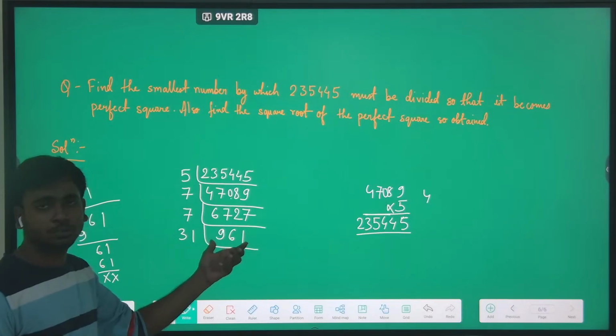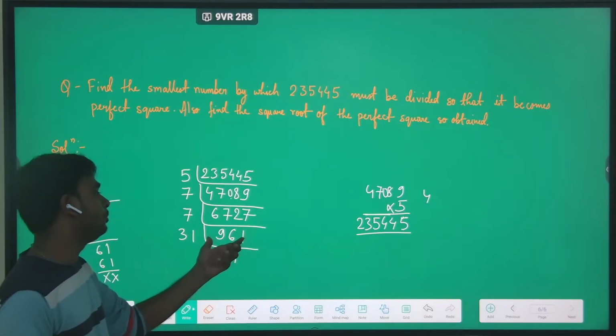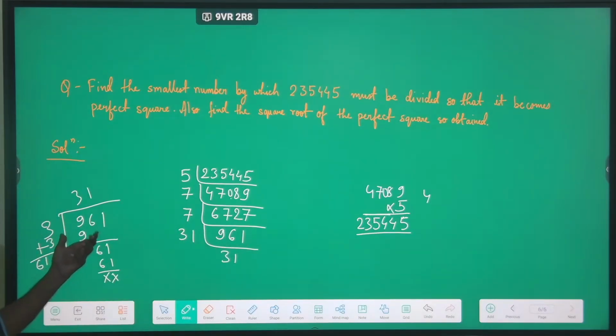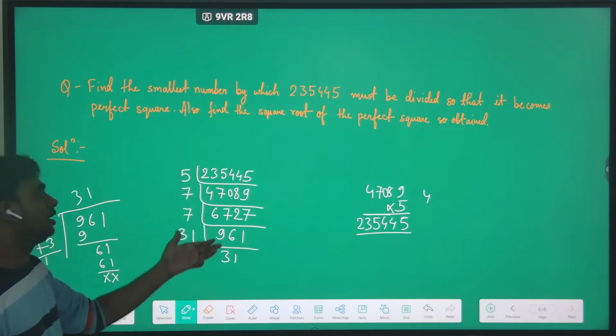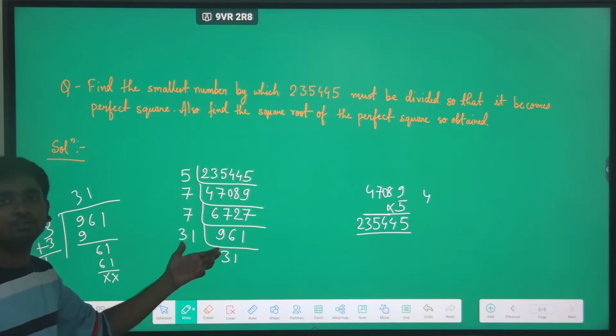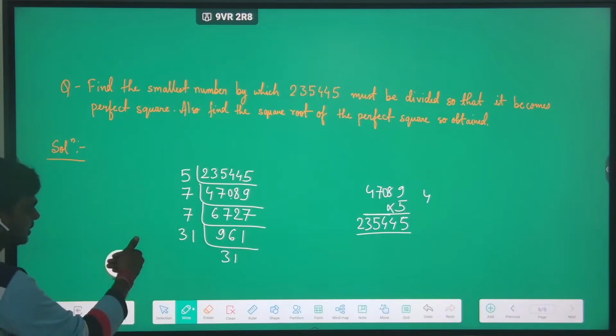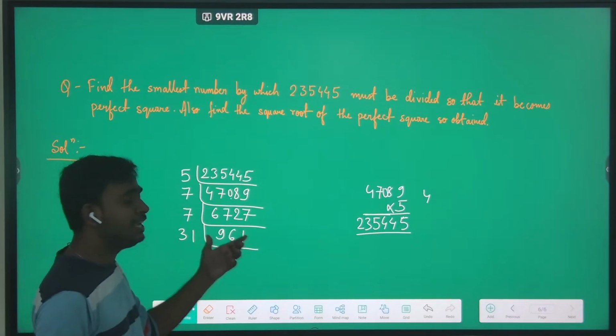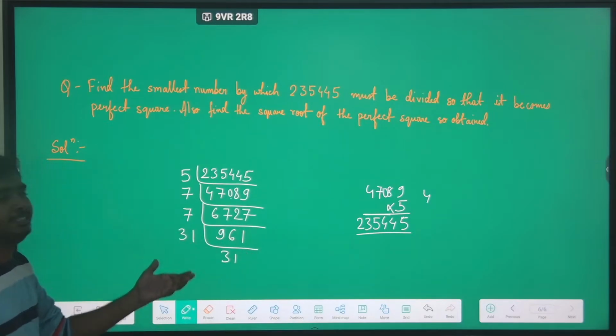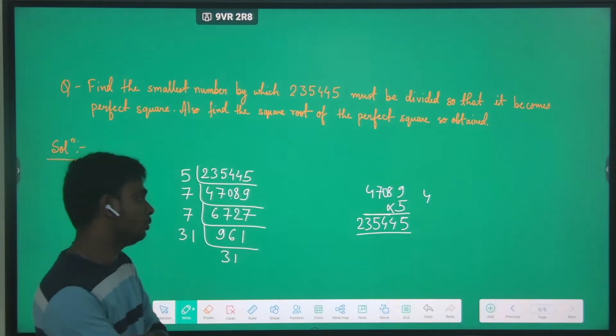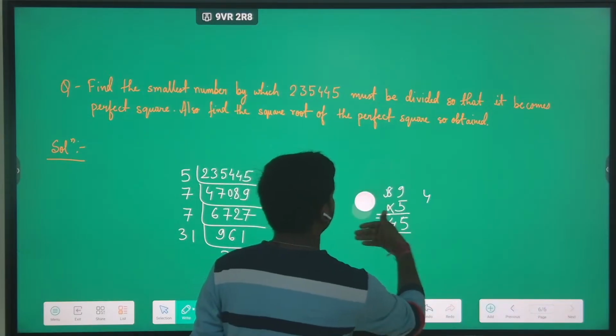For this kind of number, we have to use this type of technique so that our solution for this question becomes easier. We have to find such a method which will make this question easier to solve.